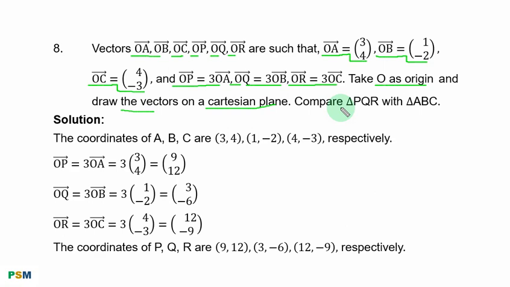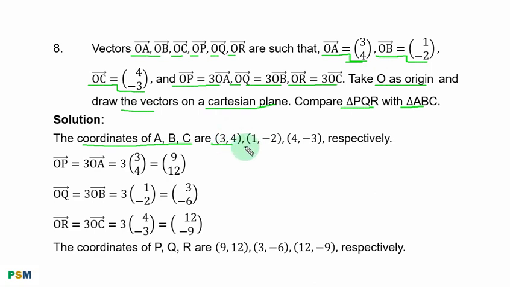Compare triangle PQR with triangle ABC. Solution: the coordinates of A are 3, 4. You convert this from column matrix to a row matrix.